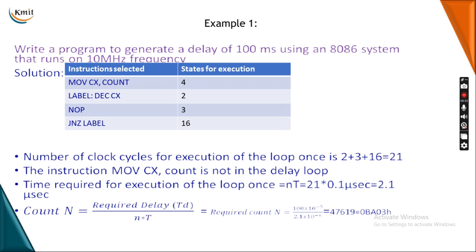We will take one example. Suppose we write a program to generate a delay of 100 milliseconds using an 8086 system that runs on 10 MHz frequency. These are the instructions.